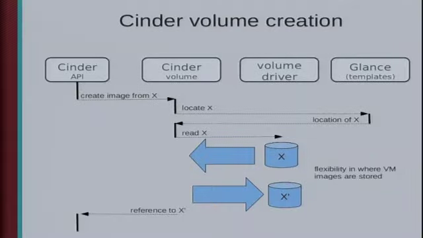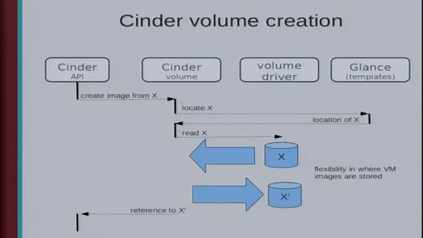So in Folsom, we've changed the picture a bit. Prior to Folsom, there was really no way to populate data onto a block device. You had to kind of manually attach it to an instance, put data there yourself, and only then could you boot from it.